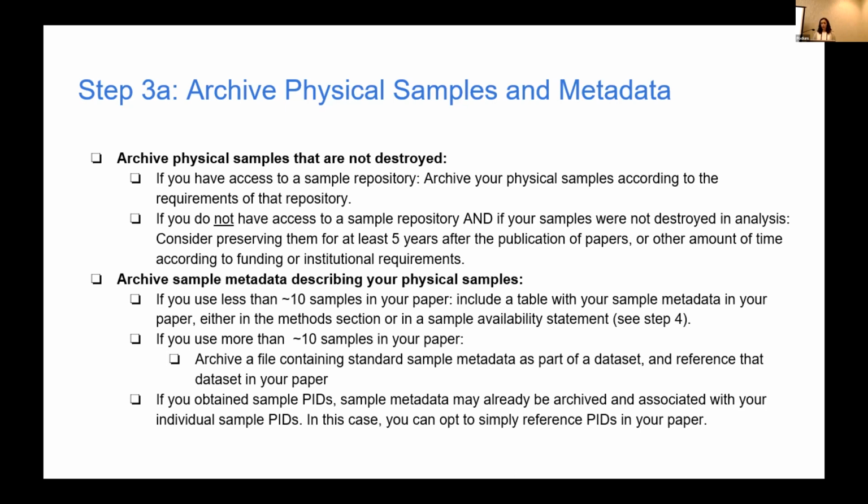If you use more than 10 samples in a paper, archive a file containing the standard sample metadata as part of a data set and reference that data set in your paper. If you obtained sample PIDs, the sample metadata may already be archived and associated with your individual sample PIDs. So in this case, you could opt to simply reference the PIDs in your paper.